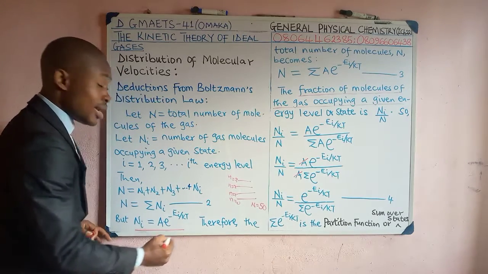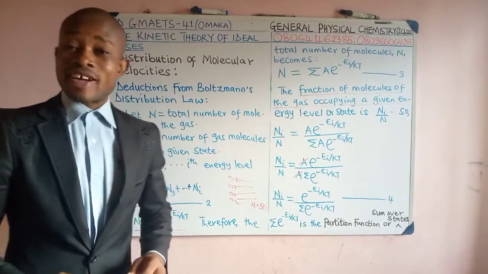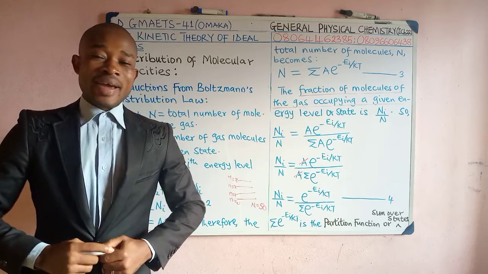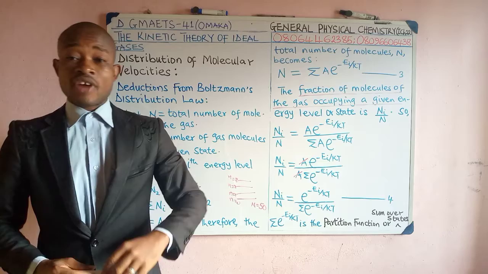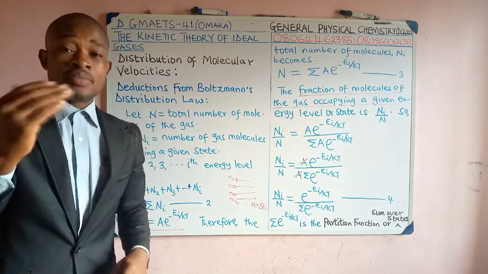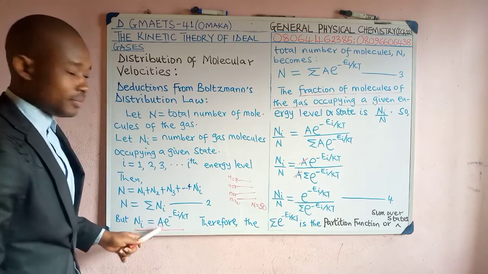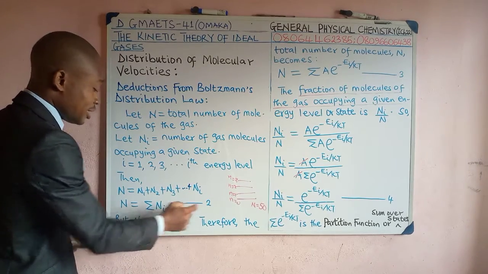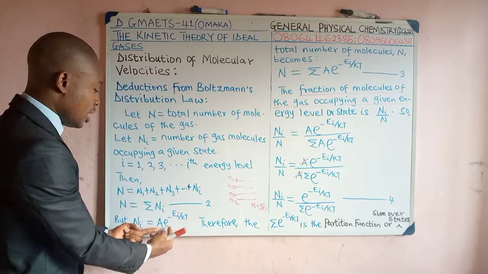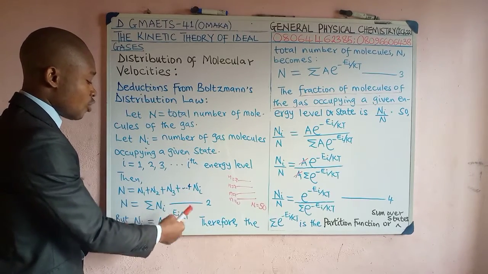Is that okay? That Ni is equal to the pre-exponential factor A multiplied by negative exponent of the energy of that given state divided by Boltzmann's constant times absolute temperature. Look at it. So if that is the case, you can substitute for Ni in this equation 2. Just pick this value, A exponential minus Ei over kT.